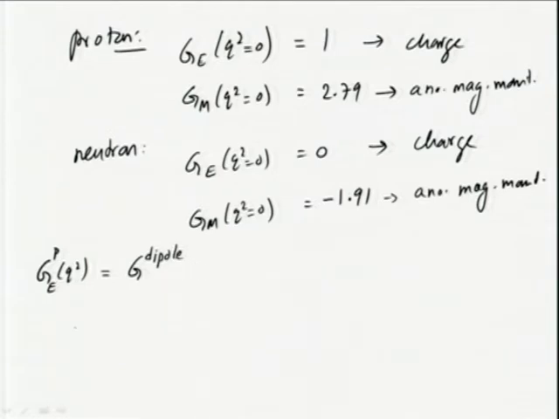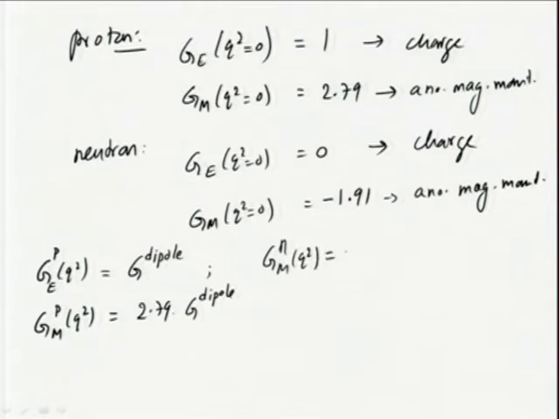So, this I denote by G dipole. Similarly, GM of the proton at q square is 2.79 G dipole. And GM of the neutron at q square is minus 1.91 G dipole.